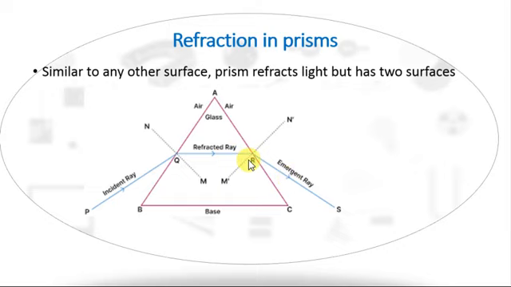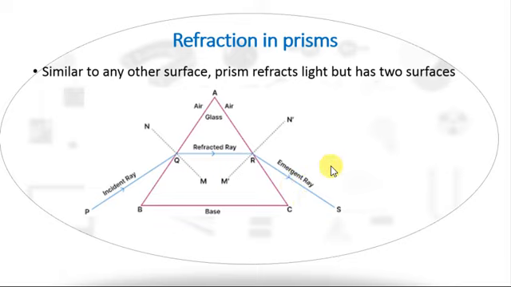That's how the prism refracts light. It always tends to bend it towards the base of the prism. The reason is simple: as the ray enters, it bends towards the normal, and as it meets the other surface, it bends away from the normal. So this is the incident ray, this is the refracted ray, and this is what we call the emergent ray, the ray emerging out of the prism.